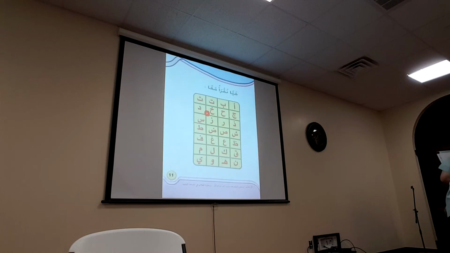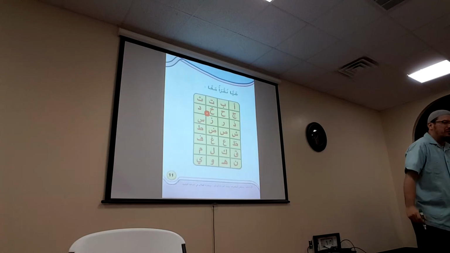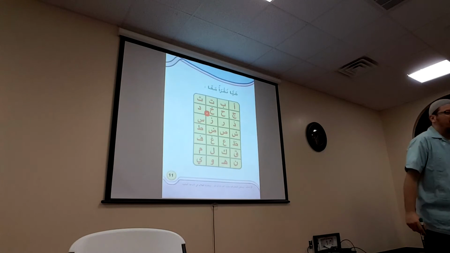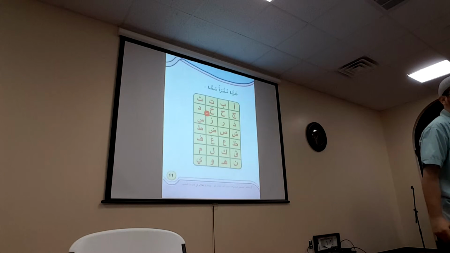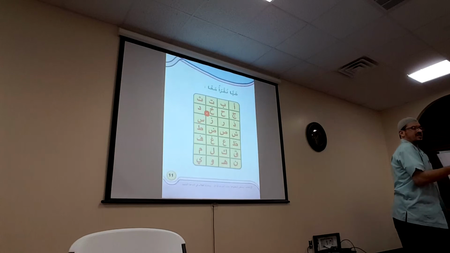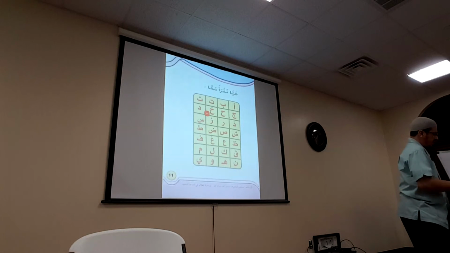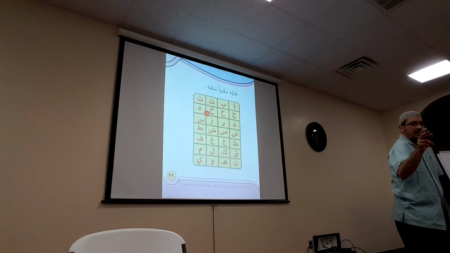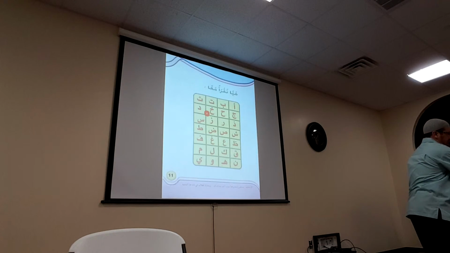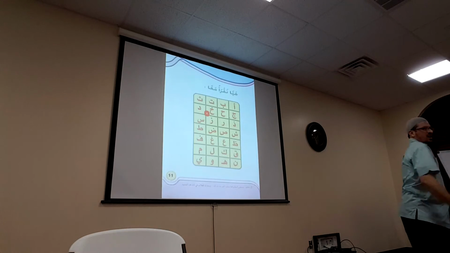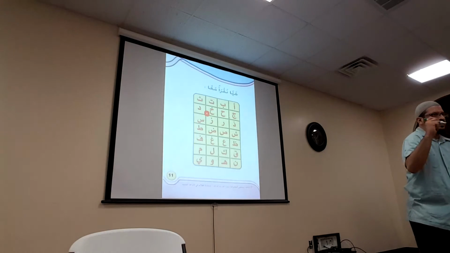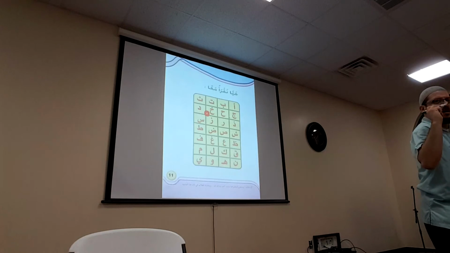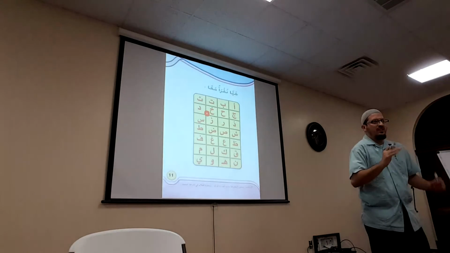Okay, so now there's a question here, right? The question is, is that an alif or is that another letter? So this is another letter. Actually, this is lam, right? And why? Because the rule with the alif, the first letter that you learn, is that the alif never touches the letter that comes after it. The alif can be touched by the letter before, but not after. That's a rule.